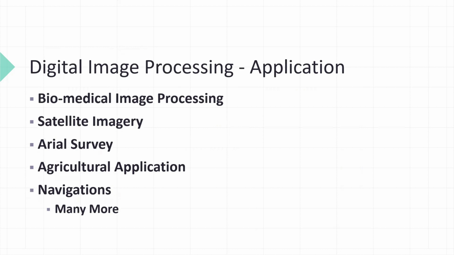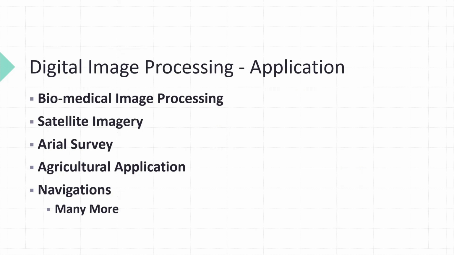Other than these, there are many more applications, because it passes through different zones of applications. So many applications are there where digital image processing comes in handy and helps researchers to identify.